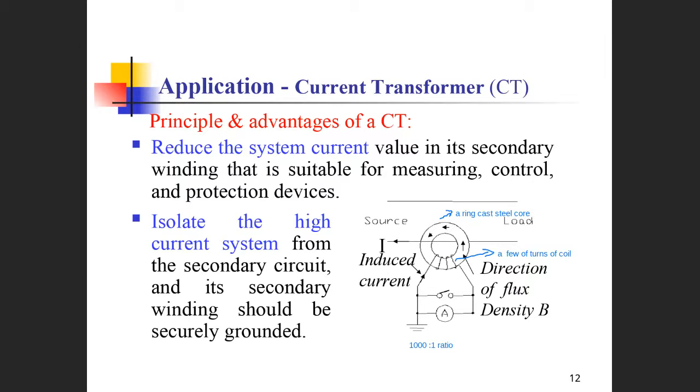So CT for measurements with higher accuracy. CT for protection uses.